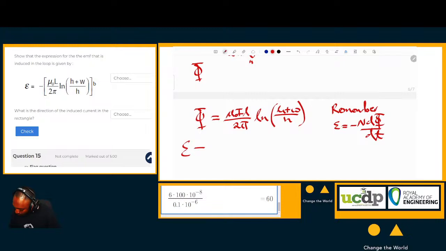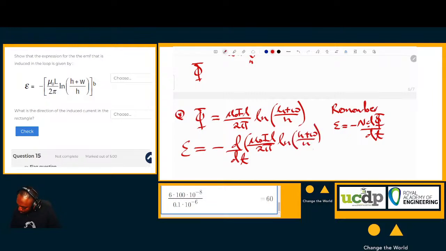We've only got one loop, so E is equal to negative d over dt of μ0 I L over 2π ln of (h plus w) over h. We close that. Okay.